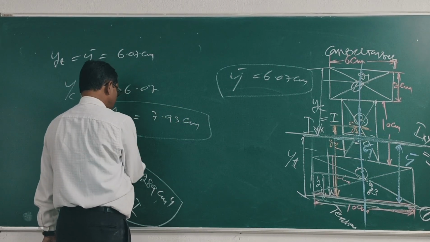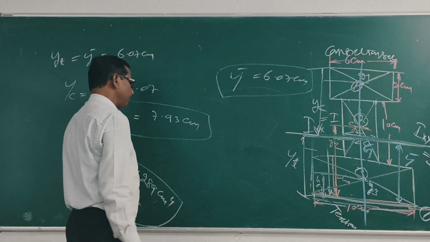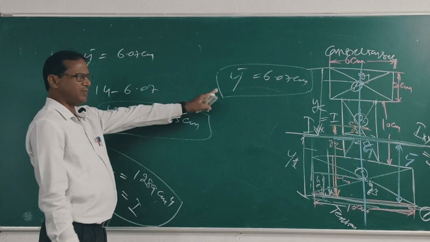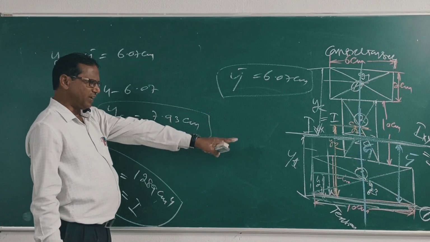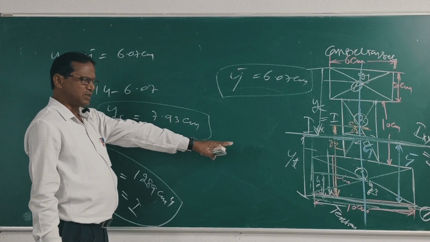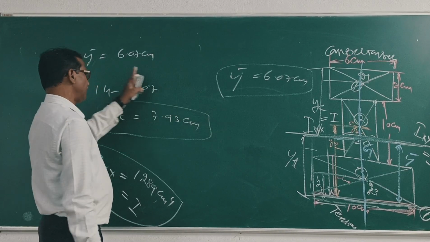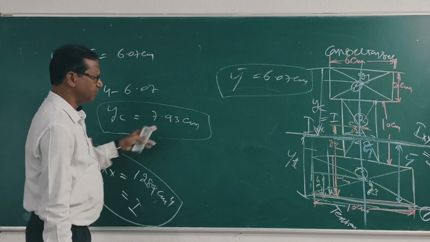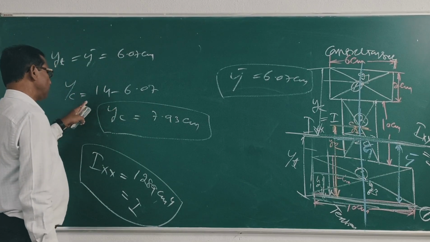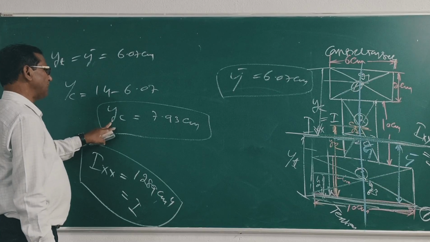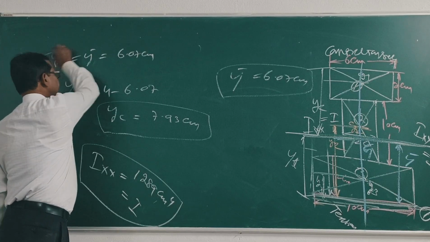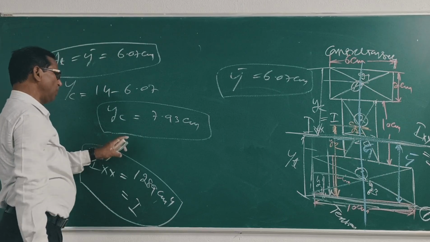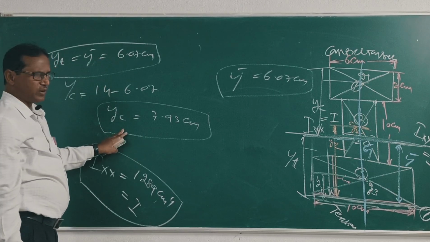I already told you in theory, but first find out y bar. Y bar means Yt, distance in the tension side. Then find out Yc. Yt means above the neutral axis, above the CG. Now for Yc and Yt, take the bigger value of Yc and Yt as y.